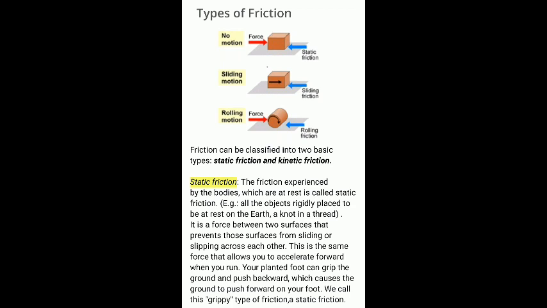It is a force between two surfaces that prevents those surfaces from sliding or slipping across each other. This is the same force that makes you move forward when you run, by moving your gripped foot forward and making the ground push forward on your foot. We call this grippy type of friction static friction.